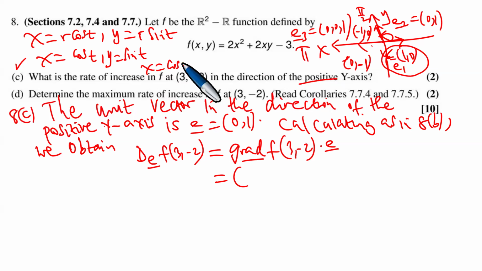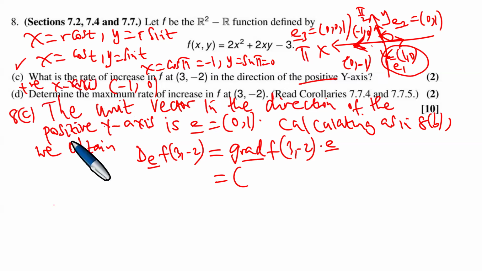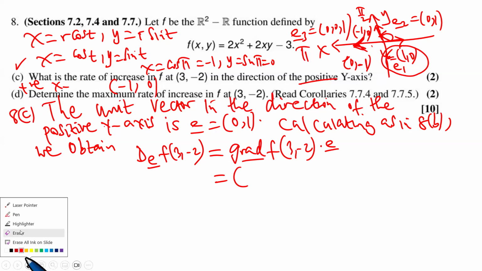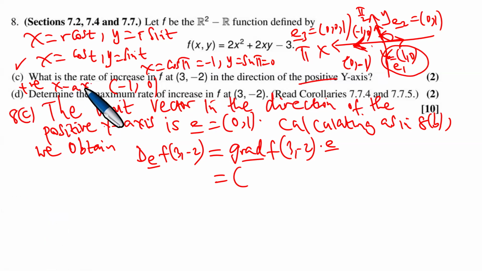So we have cosine pi, which is -1, and sine of pi, which is 0. So it would be -1 and 0: x is -1 and y is 0, and this is for the negative x-axis. Just note that one.